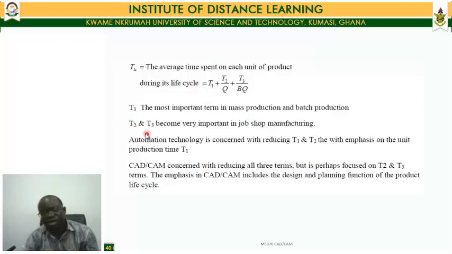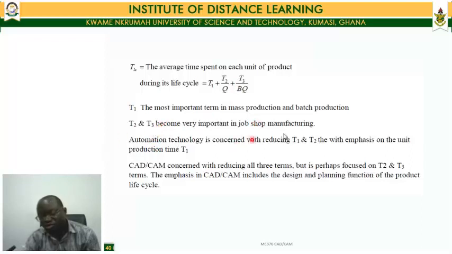Okay, now T2 and T3. T2 is time for setting up. So it becomes very important for job shop manufacturing, because setup time in a job shop manufacturing can be very high. And then T3, the time for designing.